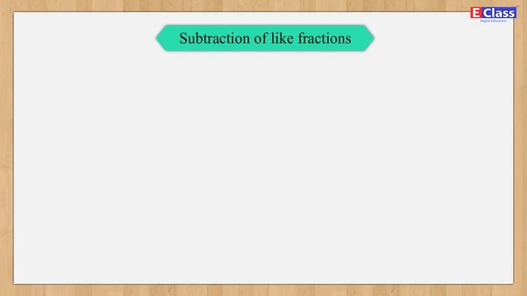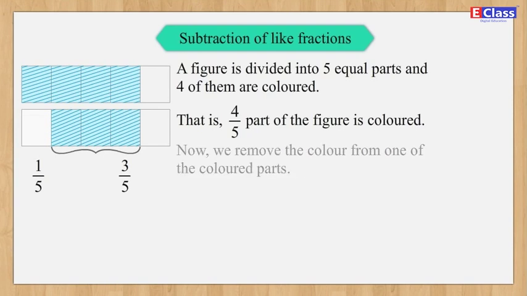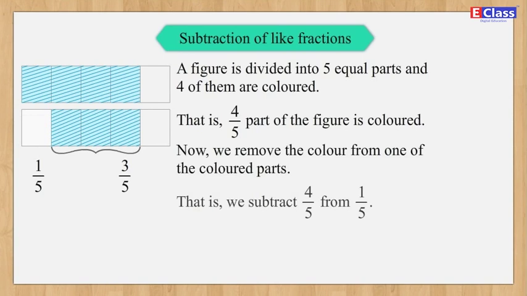Subtraction of like fractions. A figure is divided into 5 equal parts and 4 of them are colored. That is, 4/5 part of the figure is colored. Now, we remove the color from one of the colored parts. That is, we subtract 1/5 from 4/5. The remaining colored part is 3/5.